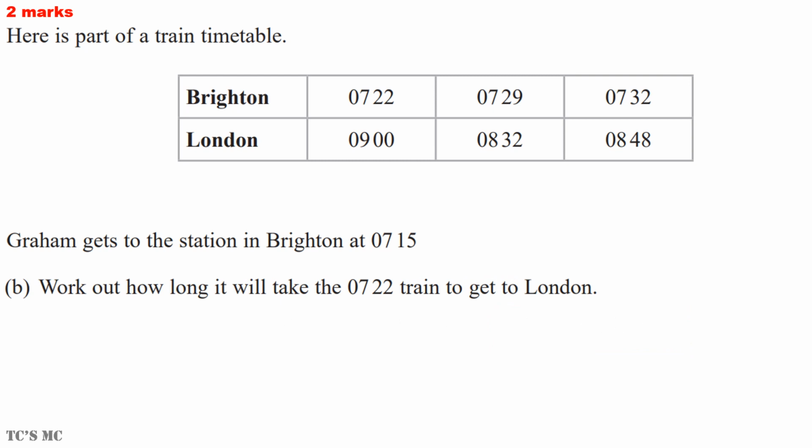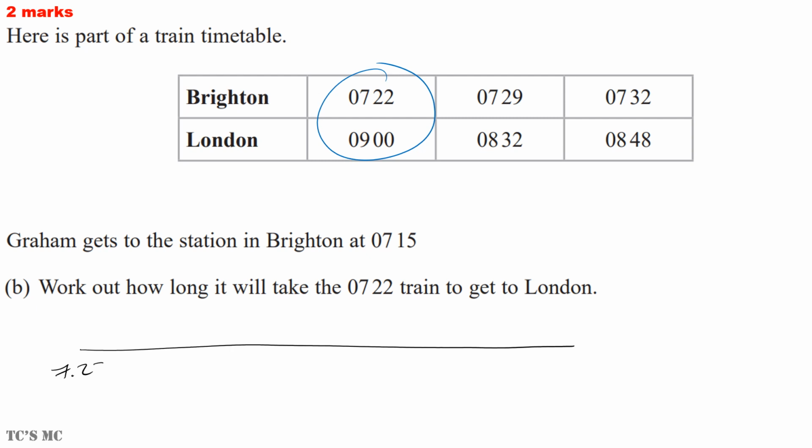Part B, work out how long it will take the 7:22 train to get to London. So we're looking at this one over here. We need to work out how long it will take to get from 7:22 to 9 a.m. I'm going to draw somewhat of a number line. So I've got 7:22. I know that if I do plus 8 minutes, that will get me to 7:30.